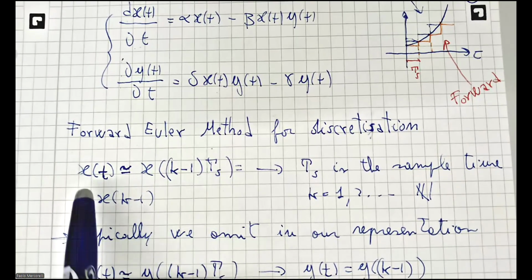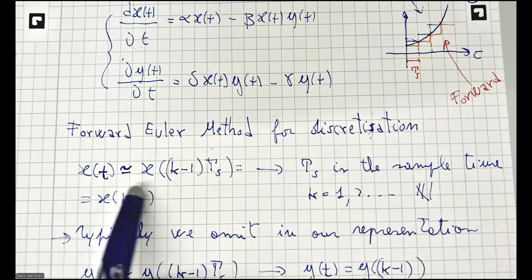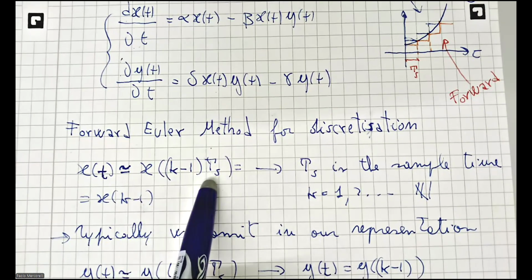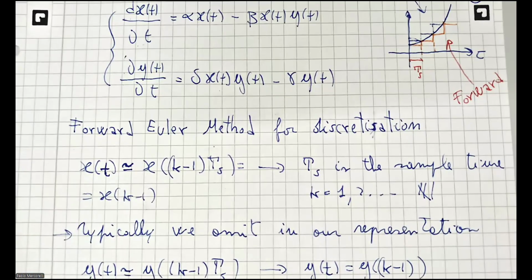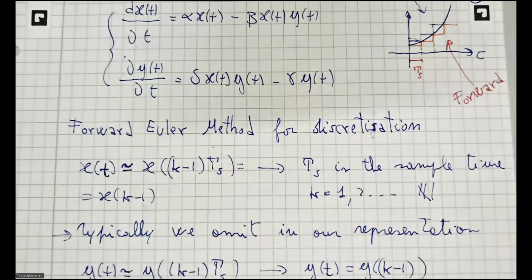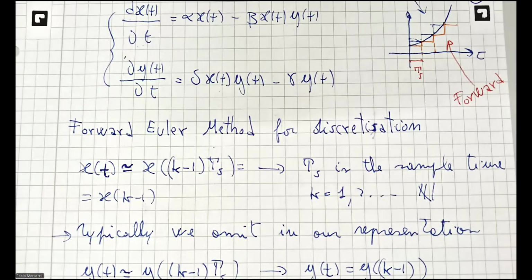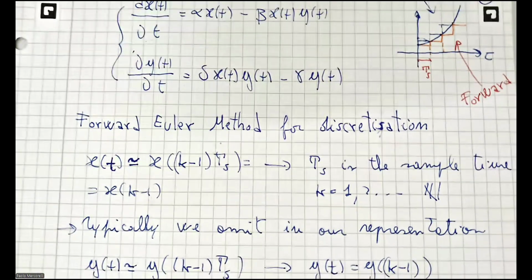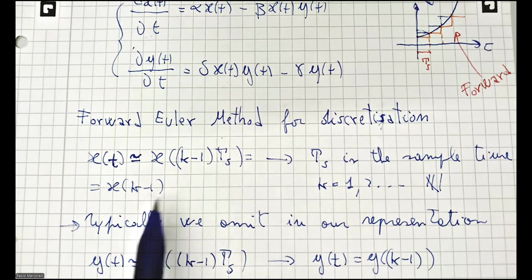What this expression says is that the actual value of the variable x, in this case the number of prey, is approximately, look at this expression here, x of k minus 1 multiplied by Ts. For nomenclature reasons, basically in all the literature, this nomenclature is simplified in this form here, but Ts is inside.